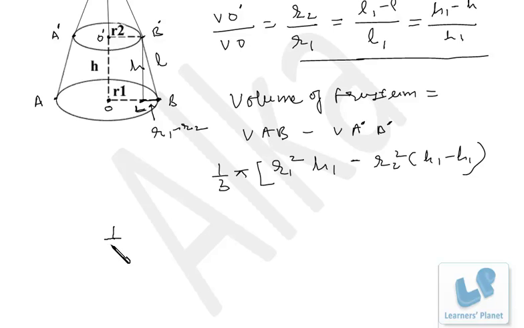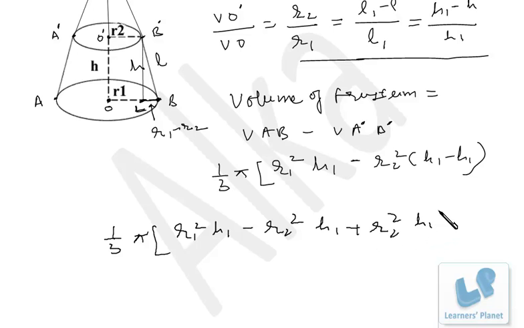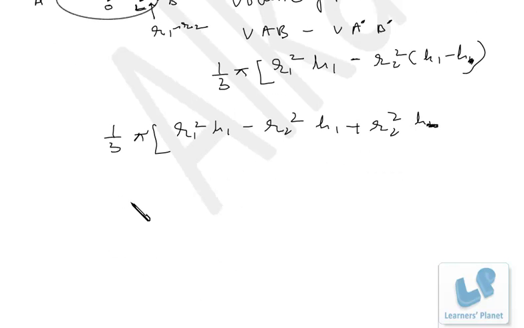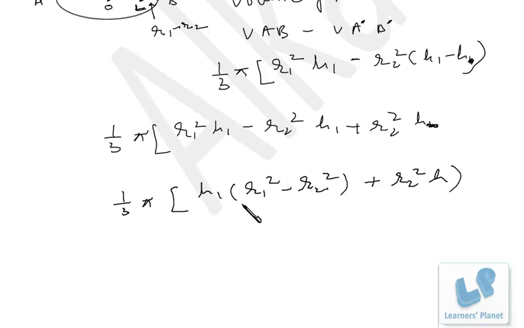So if you simplify it, it will be 1 upon 3 pi r1 square h1 minus r2 square h1 minus h. Sorry, this is h1 minus h only. Okay. So that is 1 upon 3 pi, h1 r1 square minus r2 square and plus r2 square h, right?